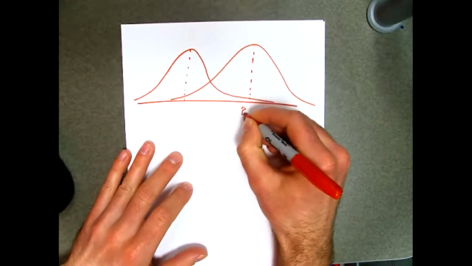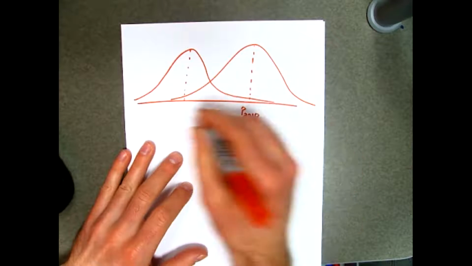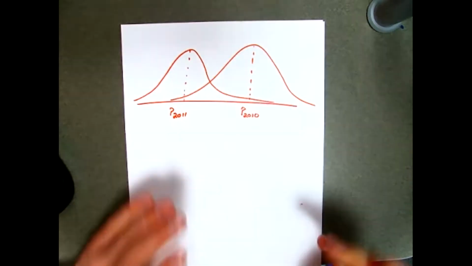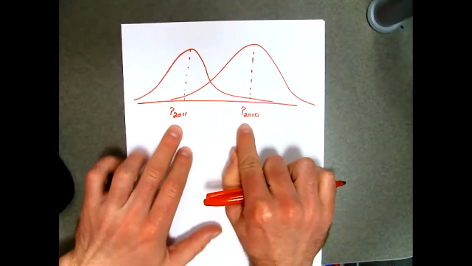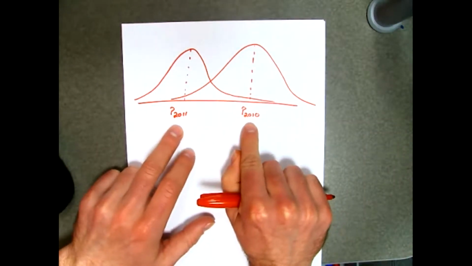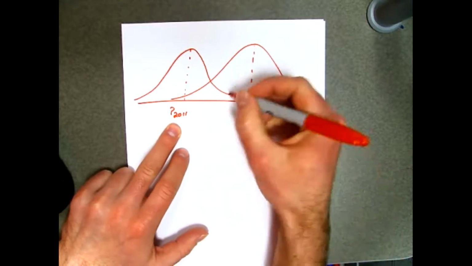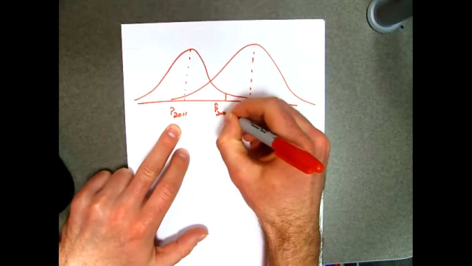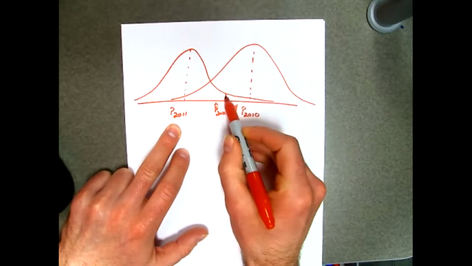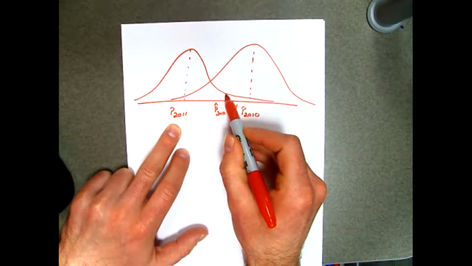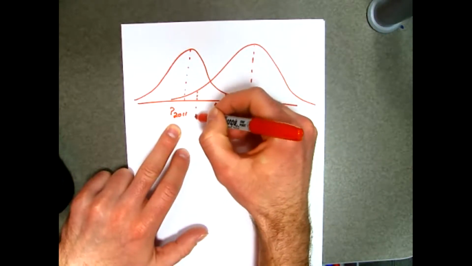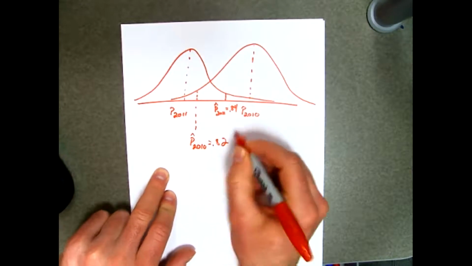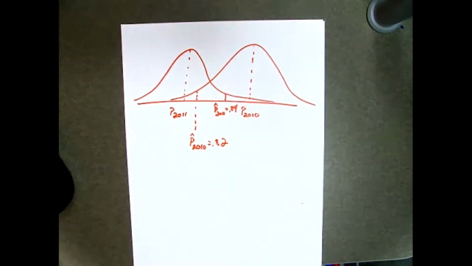So even though we found a sample proportion difference that was 0.02, it could have been that the true population proportion was actually lower in 2011, and we just happened to see a sample proportion from the right side of the distribution in 2011 and a sample proportion from 2010 that happened to be lower than whatever the true population proportion is.